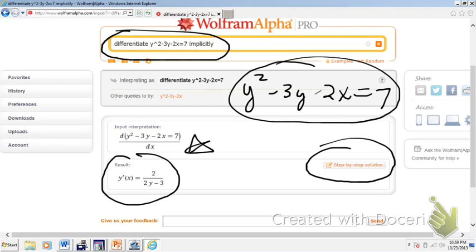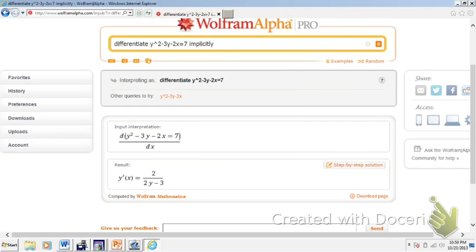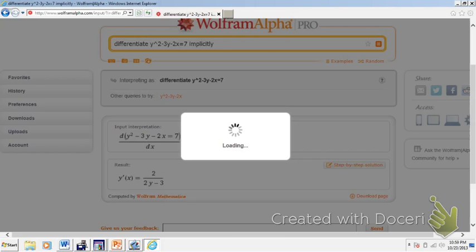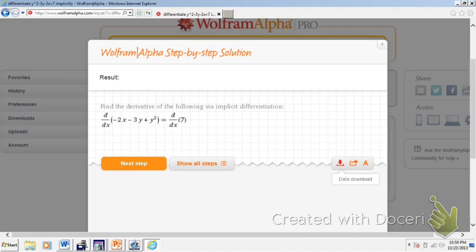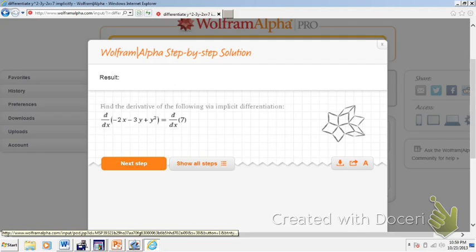So this is like for 2 o'clock in the morning when you don't have a friend to help you on your calculus. It differentiates the left side of the equation, differentiates the right side of the equation, derivative of 7 is 0, and you can go step by step, such as I just hit right there.